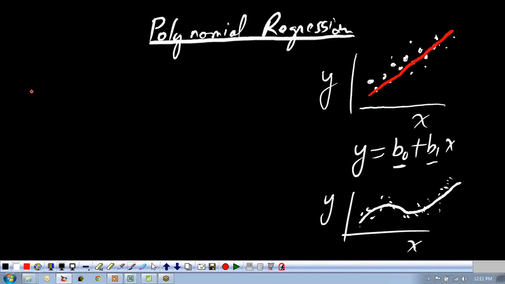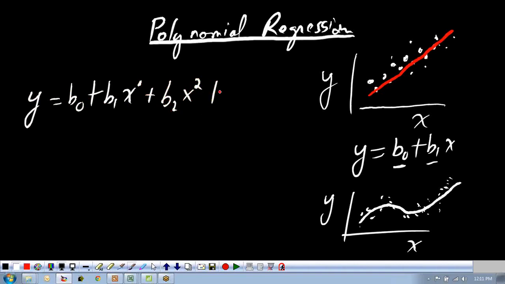So what we're going to do is look for a general expression that looks like this: y is equal to b0 plus b1 times x to the first power, plus b2 times x to the second power, plus b3 times x to the third power, plus and so on. Generally, we want to stop around third. There will be cases where we want to go fourth.